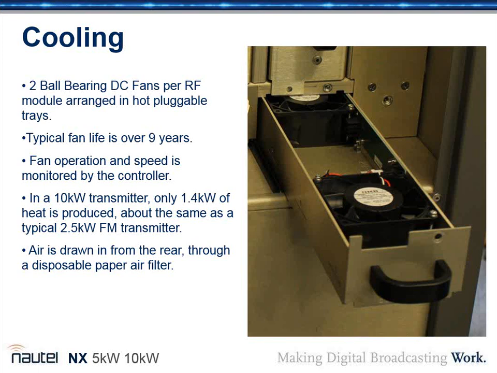Yes. Okay. And in a whole 10 kilowatt transmitter, at 86% efficiency, only 1.4 kilowatts of heat is produced, which is about the same amount of heat as in a typical 2.5 kilowatt FM transmitter. Cool. And the air is drawn in from the rear through a disposable paper air filter that can be changed without turning the transmitter off. That's right. It's very easy to remove and change.